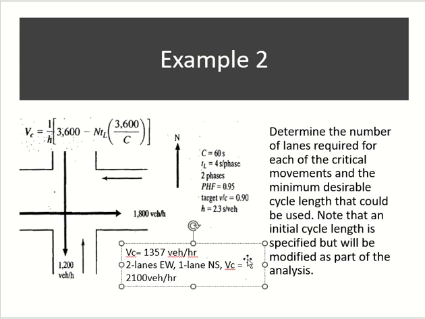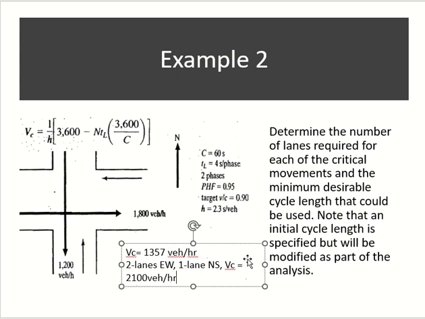In the east-west, I have two lanes, so each will carry 900. And the north-south, I still have one lane, so that one will carry 1200, right? 1200 plus 900, total 2100. But how much is my target? 1300 something, right? So the value is still above my target. So I need to change it.